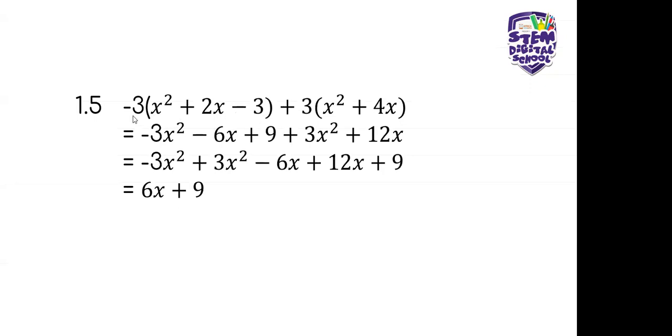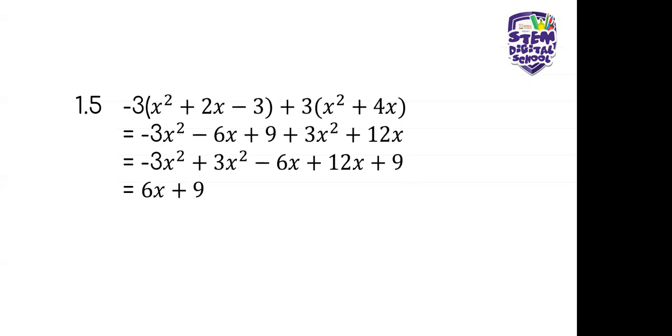So for instance, -3 times x will give you -3x squared. And then -3 times 2x will give you -6x. -3 times -3 will give you +9. Remember that negative times negative gives you positive.